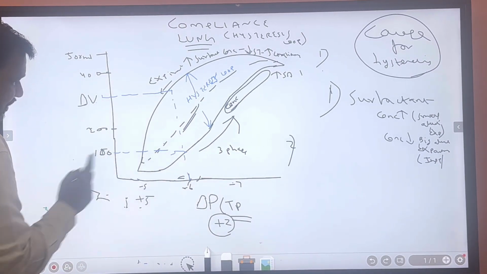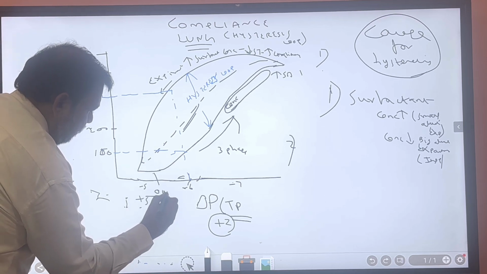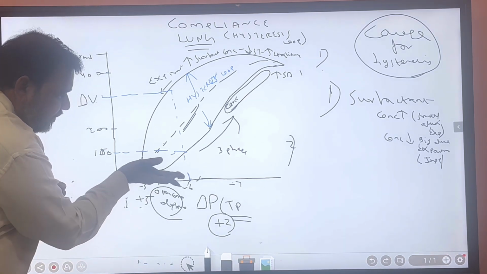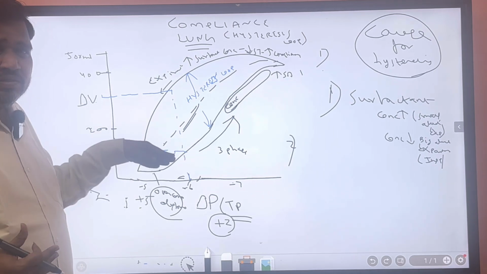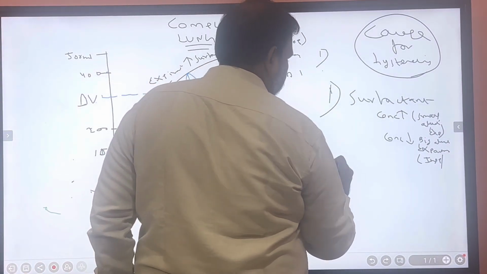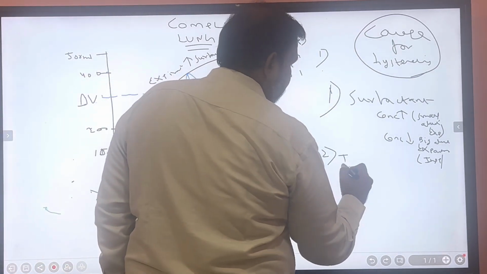Initially also we saw here, in this phase, I didn't mention that, we have to overcome the elastance initially. That could also be the reason for requiring more pressure, and in the starting stage the curve is flat. So one is surfactant. Another reason is inspiration.